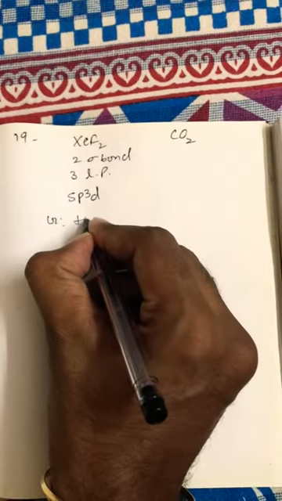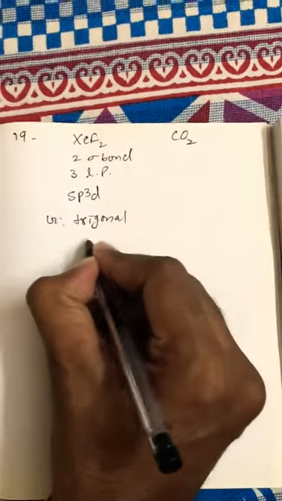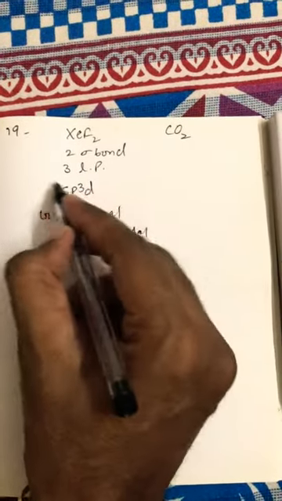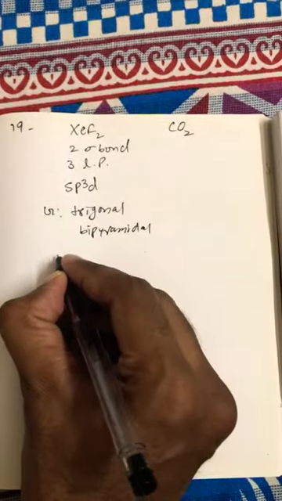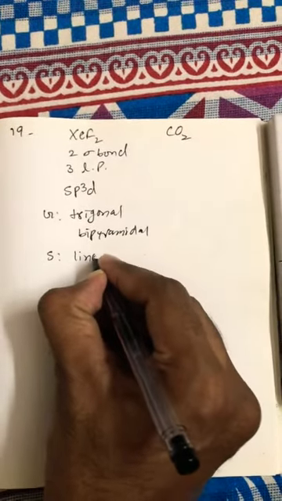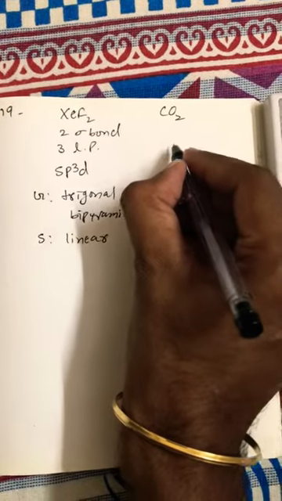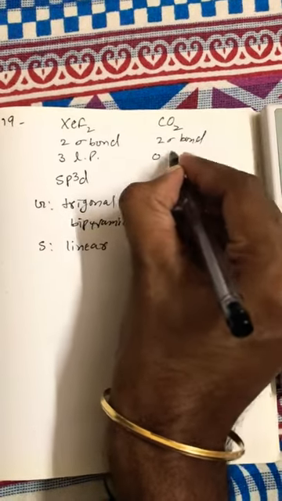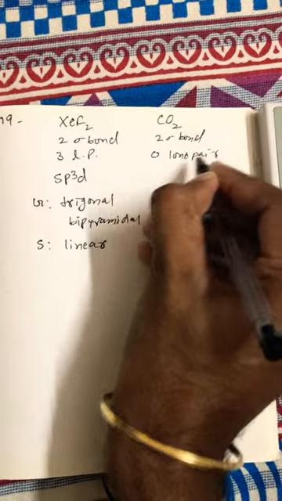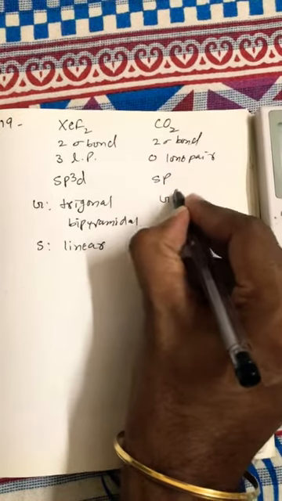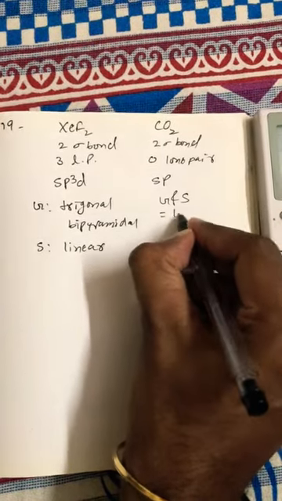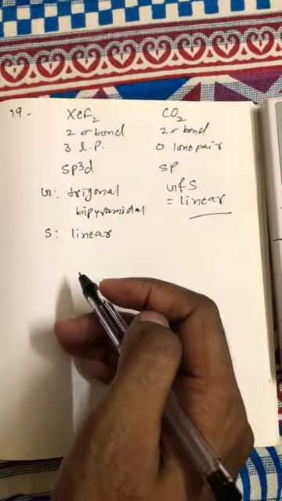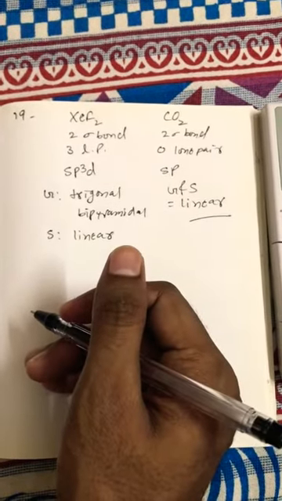So geometry is trigonal bipyramidal, but 3 lone pair will be at equatorial position, that's why it is linear in shape. In the case of CO2, we have 2 sigma bond, 0 lone pair, that is sp hybridization, and geometry and shape in sp hybridization is linear. So CO2 and XeF2 has different hybridization, but shape will be same.